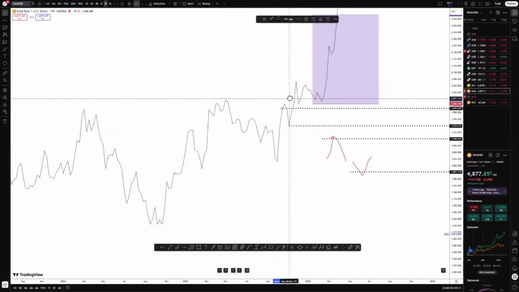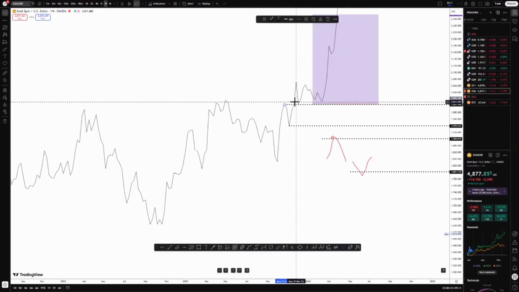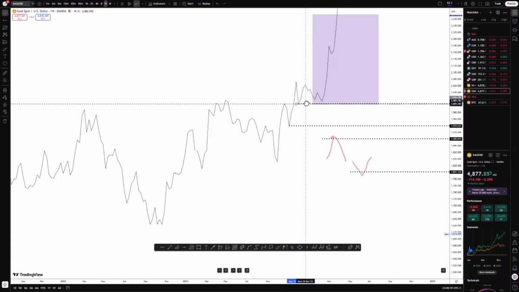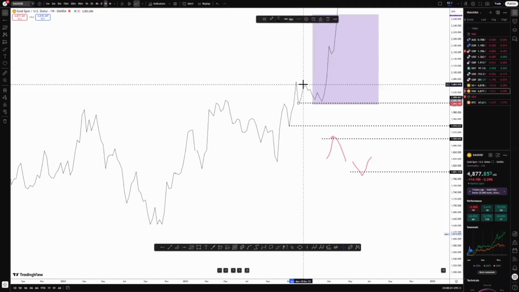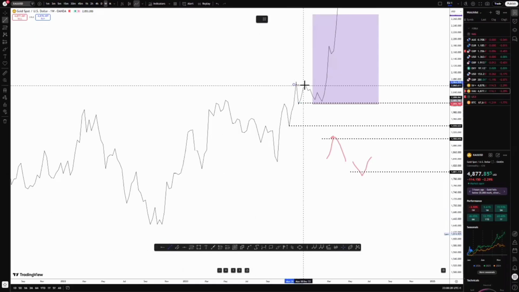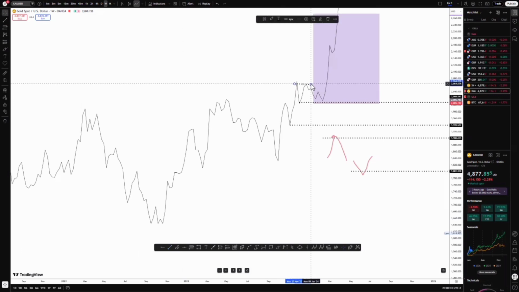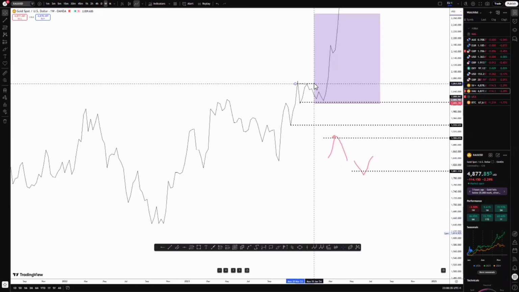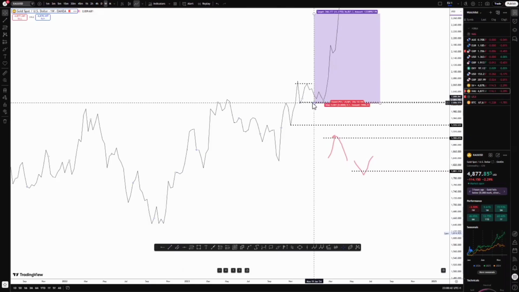Then support here. Then this resistance got broken. Retest became a support over here. And then this support got a retest on this newly formed resistance over here. And then this got a retest over here.